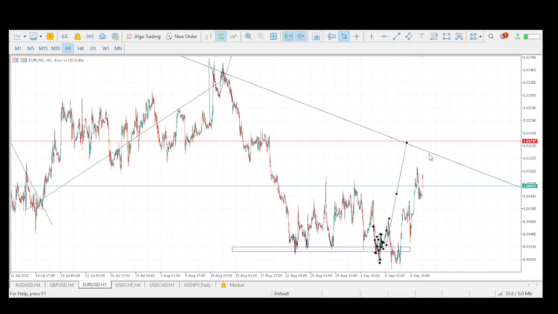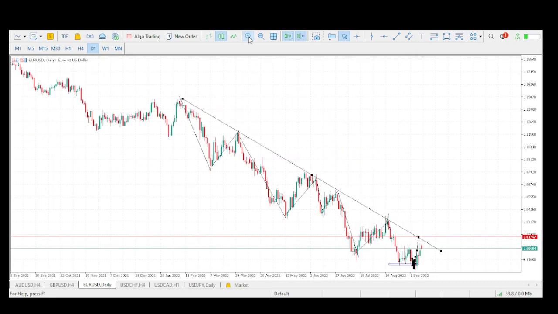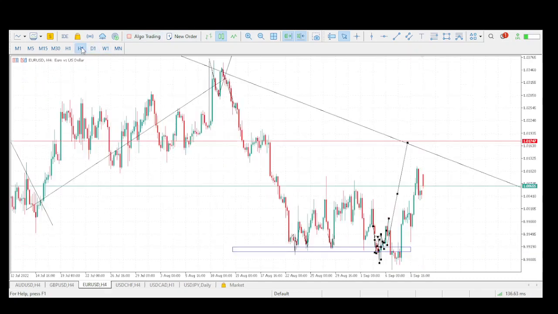My analysis was that it will get to this trend line. Now let me go to the daily time frame. As you know, I love to analyze on the daily time frame, then 4 hours, then we do the top down analysis. You start from the higher time frame, then go down to the lower time frame.